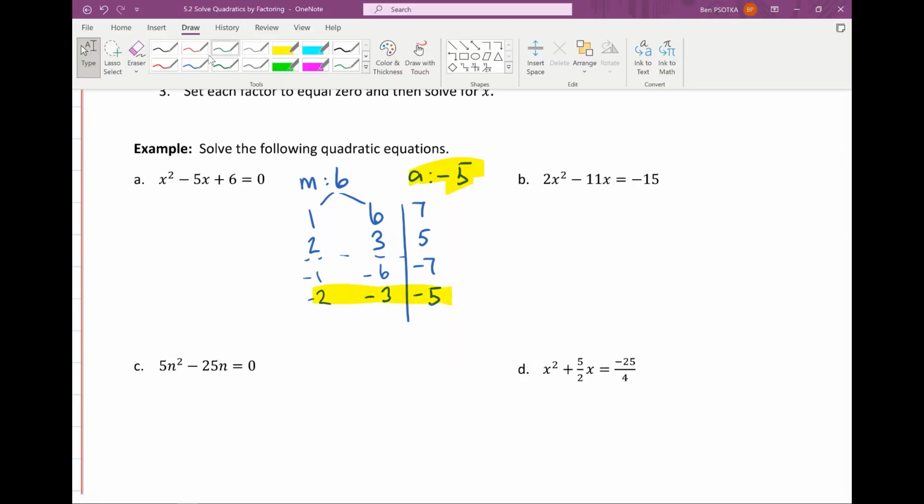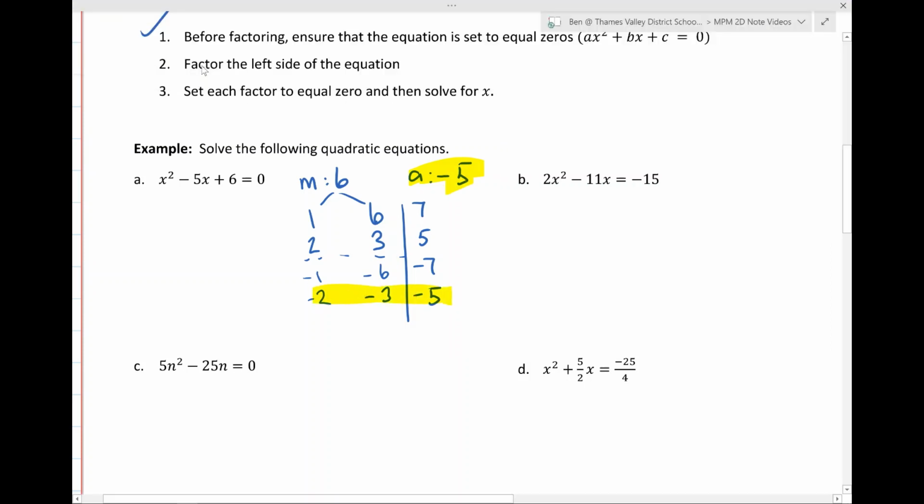If that's the case, then we can factor this as x minus 3, x minus 2 equals 0. If x minus 3 times x minus 2 equals 0, my left side is factored. That means that one or both of my factors must equal 0. So we'll start off and set x minus 3 equal to 0.